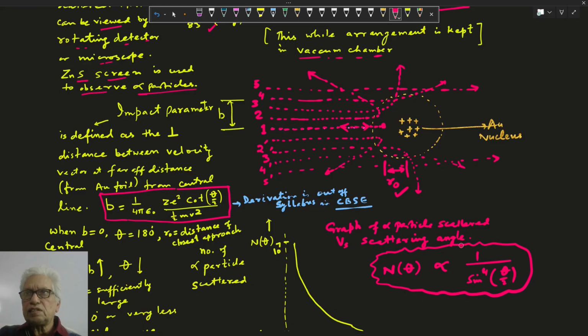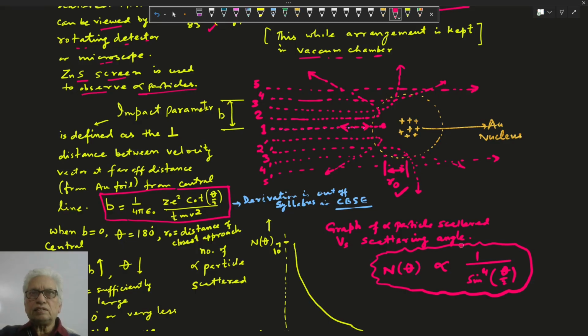Stream 3 is deviated by approximately 90 degrees, stream 4 by say 30-40 degrees, and stream 5 is almost undeviated, because this distance is quite large in comparison, so it goes without any deflection. Similarly, 2 dash, 3 dash, 4 dash and 5 dash in the opposite direction.